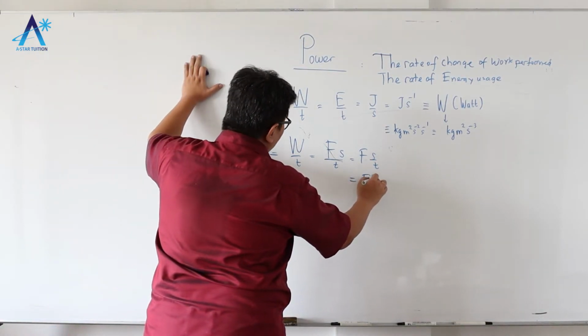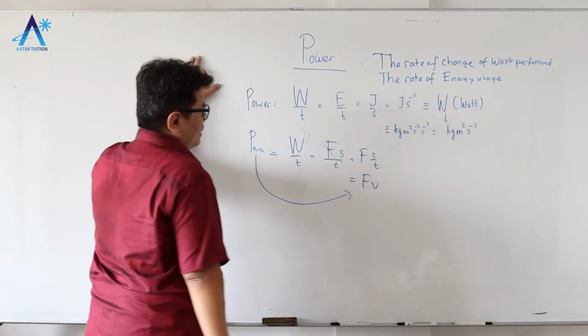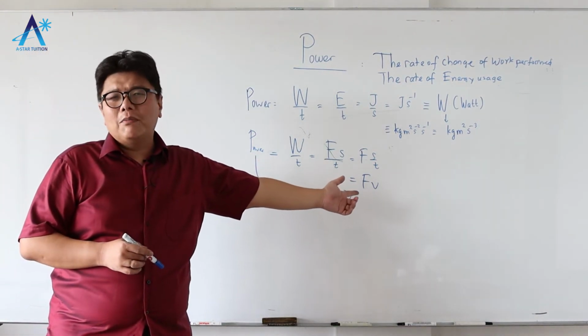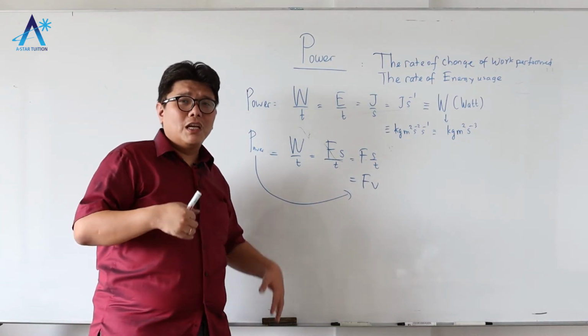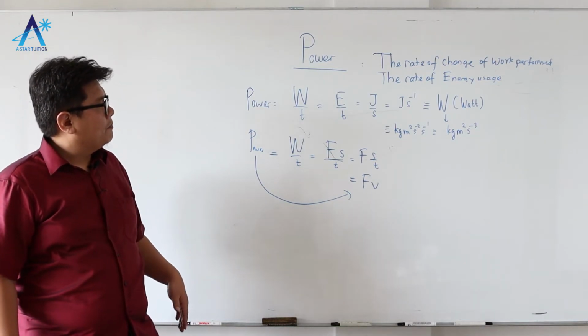So an alternative way to calculate power is to multiply the force performing the work by the speed. So you can see that it depends on the speed at the time. The greater the speed, the greater the power from this relationship.